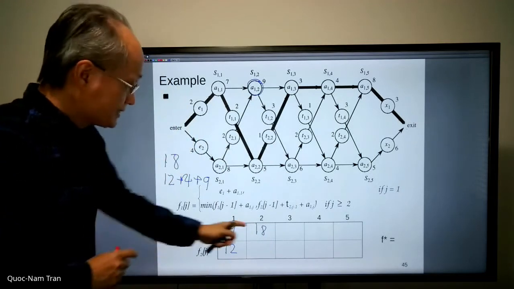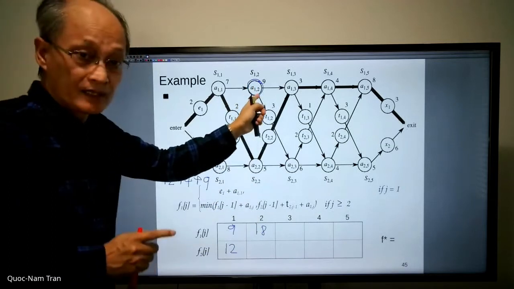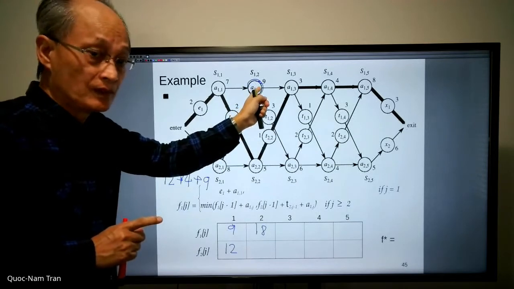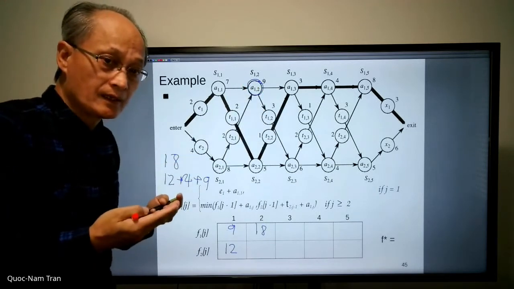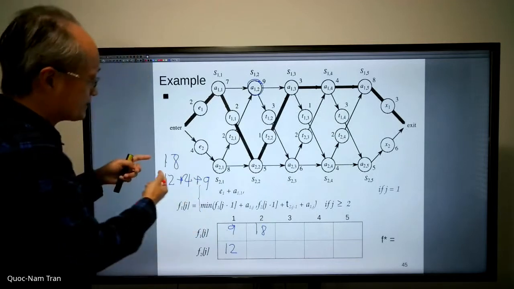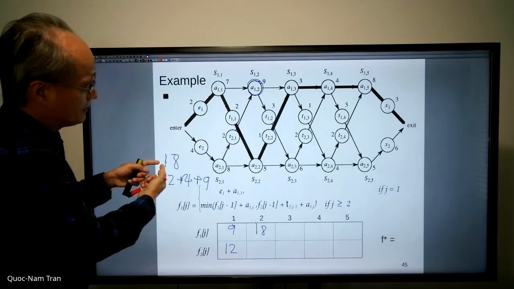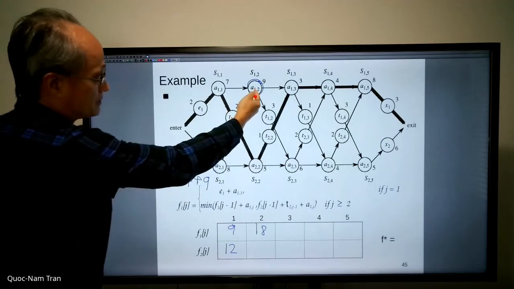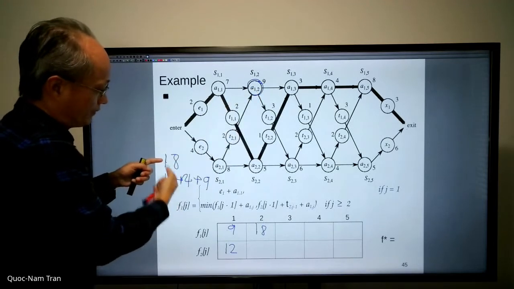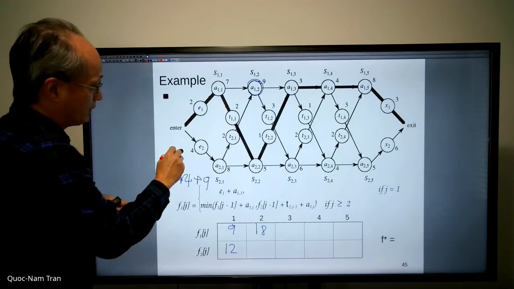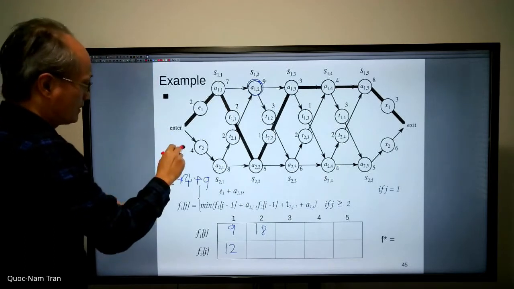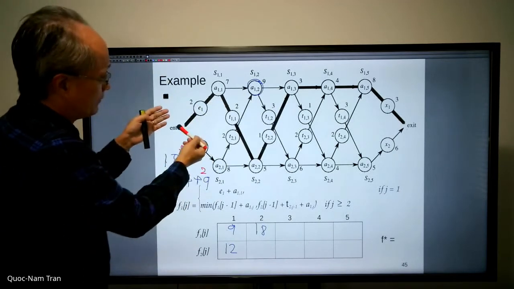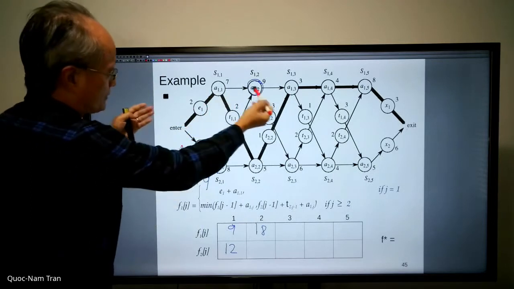Besides the 18, which is the smallest time we can reach station S1,2, we also want to record the direction. If we want to reach this point, which way should we follow, line 1 or line 2? If we go through line 1, it's 9 plus 9 is 18.